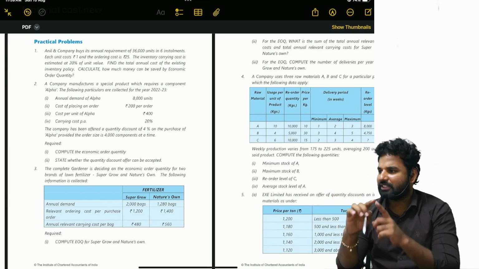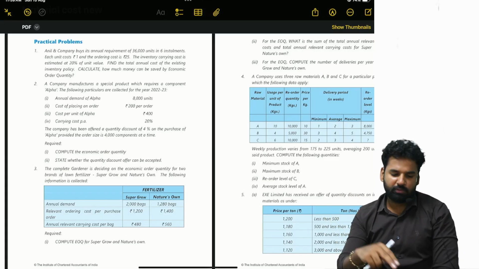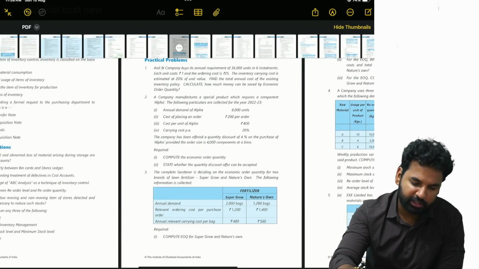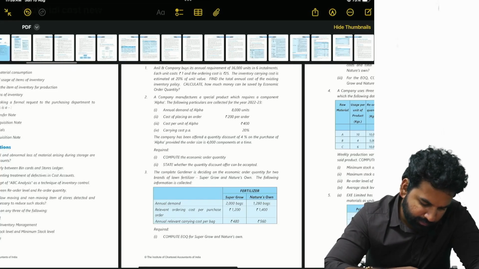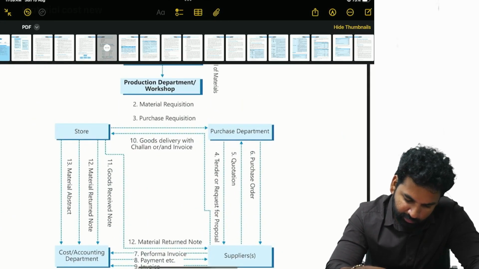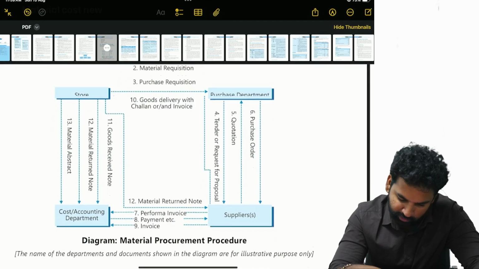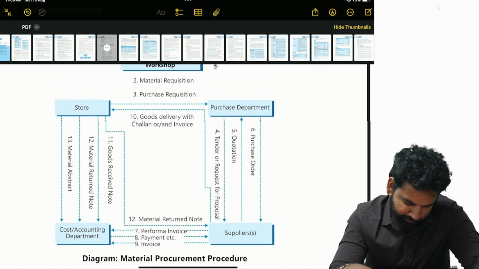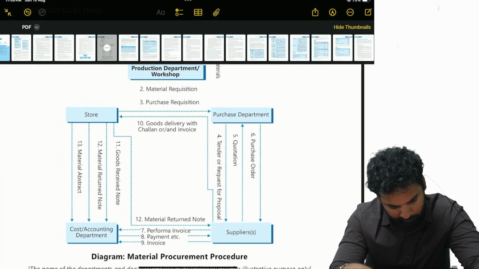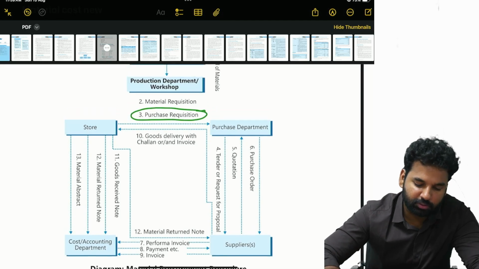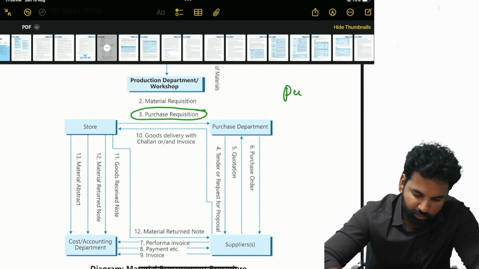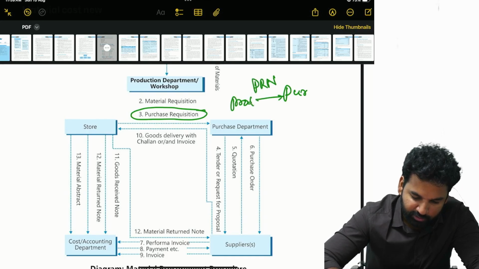See, we have one chart also, in the starting itself. Here you see there is a purchase requisition note. From production to the purchase department, a purchase requisition note will be sent.